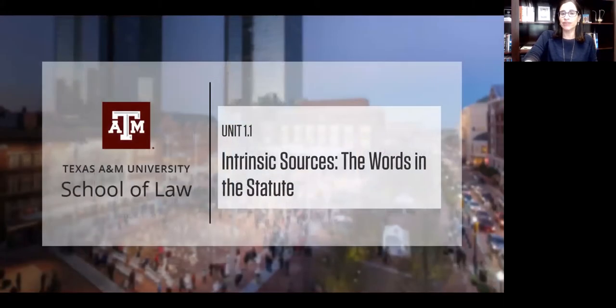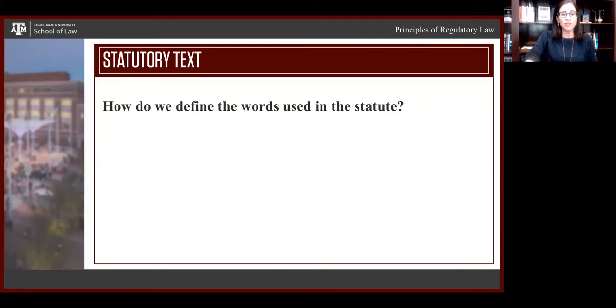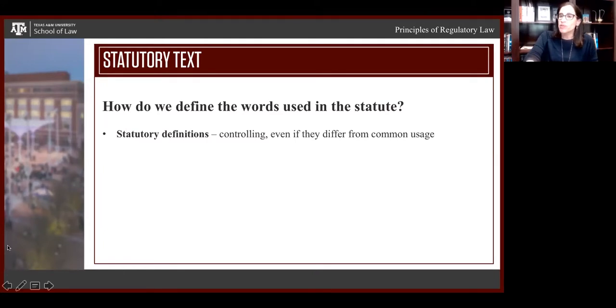So let's get started with intrinsic sources, the words of the statute itself. So how do we define what the words in a statute mean? Well, the primary source would be any statutory definitions. So this would be the definitions that Congress has provided us to interpret the statute. Those are controlling even if they may conflict with the ordinary meaning, what a reasonable person would understand, or a dictionary definition.